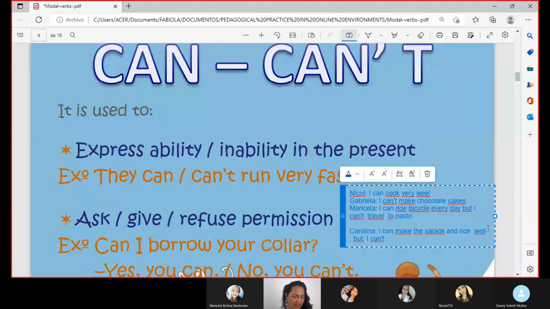Climb the mountain, for example. Sí, eso. Escalar una montaña. Eso definitivamente como que no. Yes, but I can't climb the mountain. Okay, teacher. I can make the salads and rice well, but I can't climb the mountain. You say, o yo no puedo escalar la montaña.